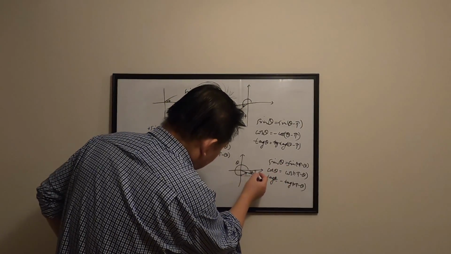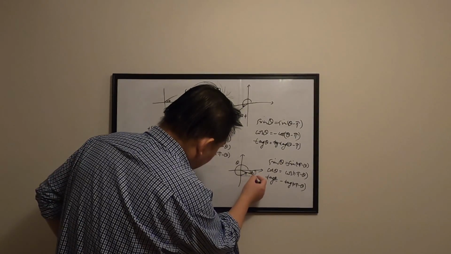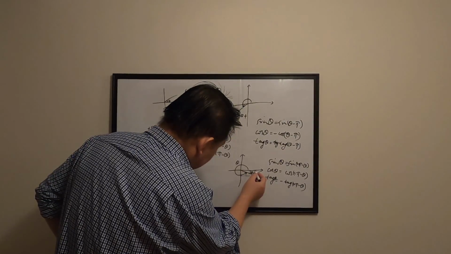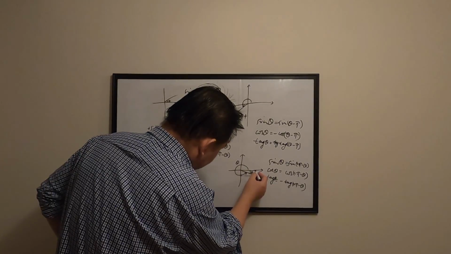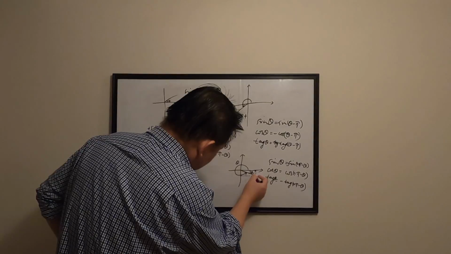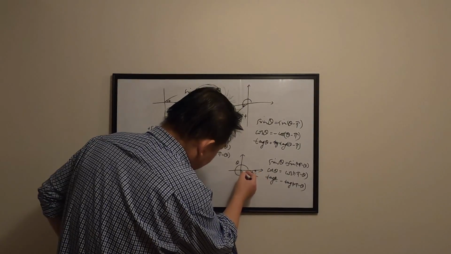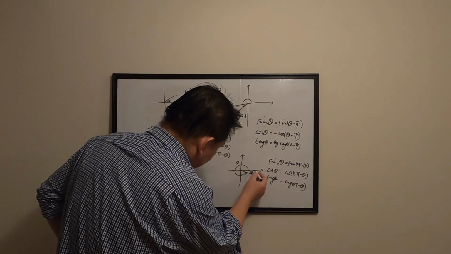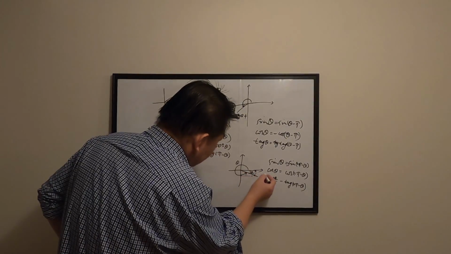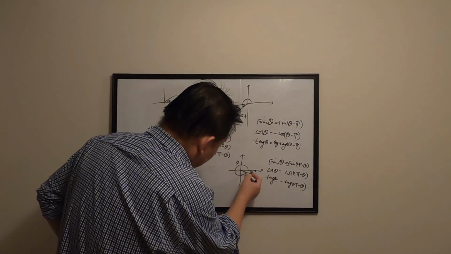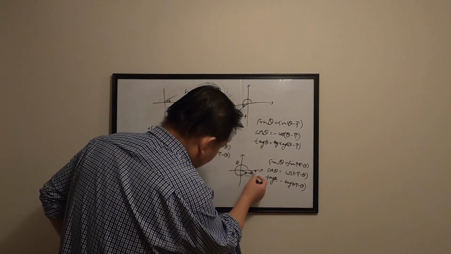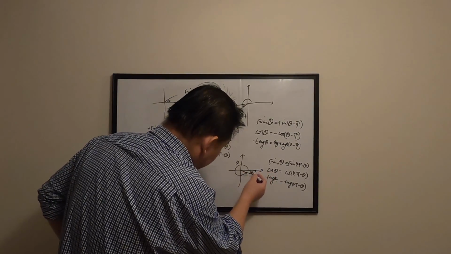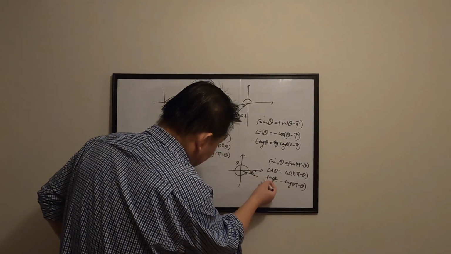So sin theta means this side over the hypotenuse, but this is negative, so the value is negative. Cosine theta is the adjacent side over the hypotenuse, so it's positive.